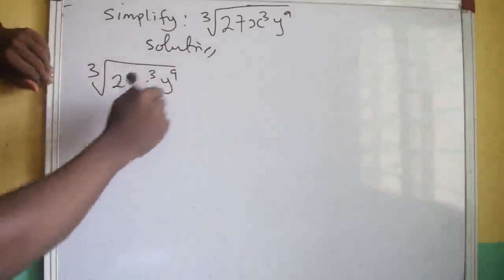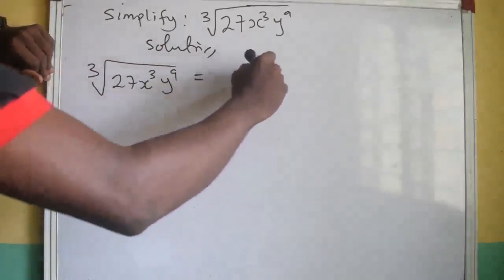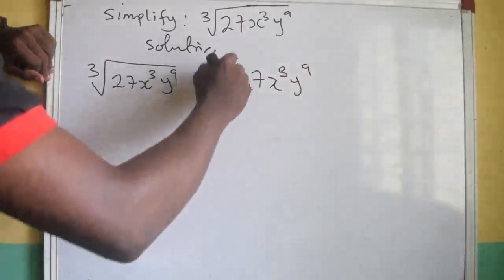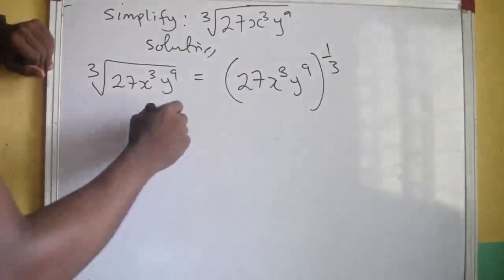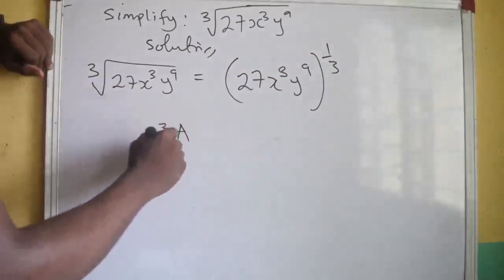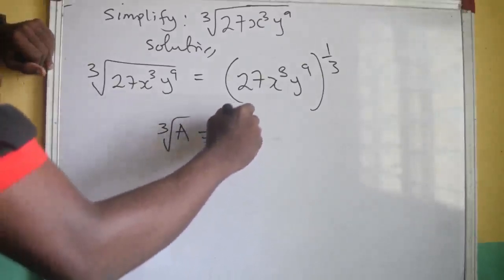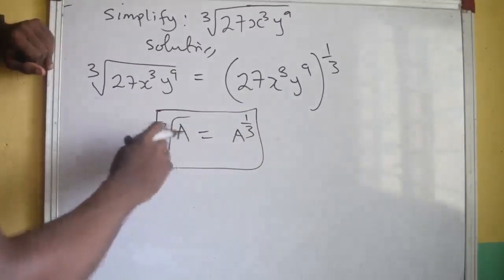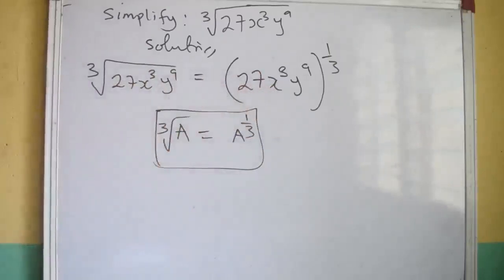This is the same thing as writing 27x raised to the power 3 y raised to the power 9, all raised to the power 1 over 3. You can remember the time I told you that the cube root of a is the same as a raised to the power 1 over 3. So these two things are the same. Use this technique to apply it here and you're good to go.